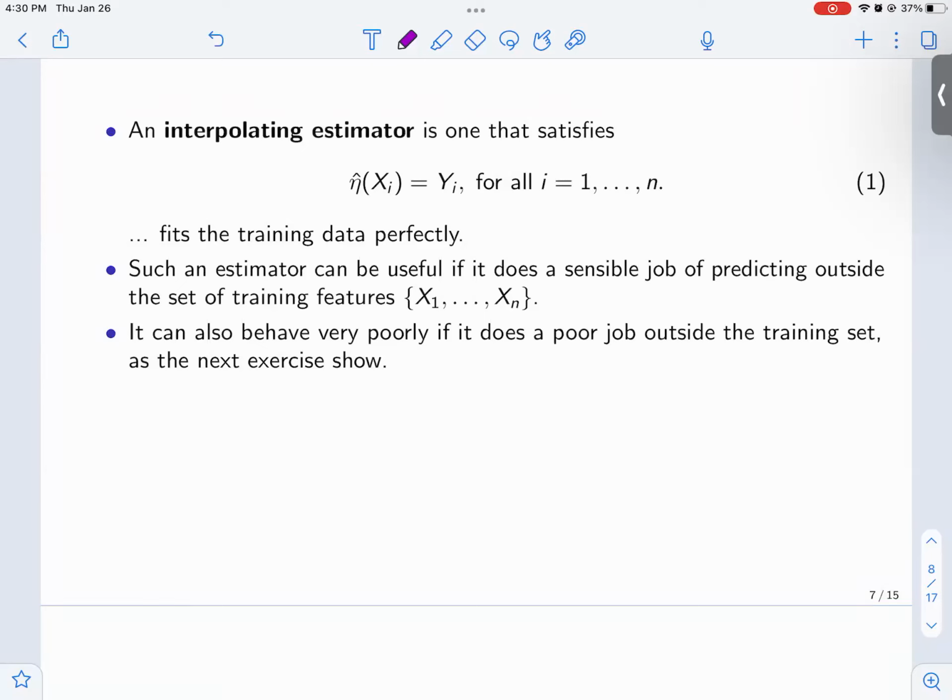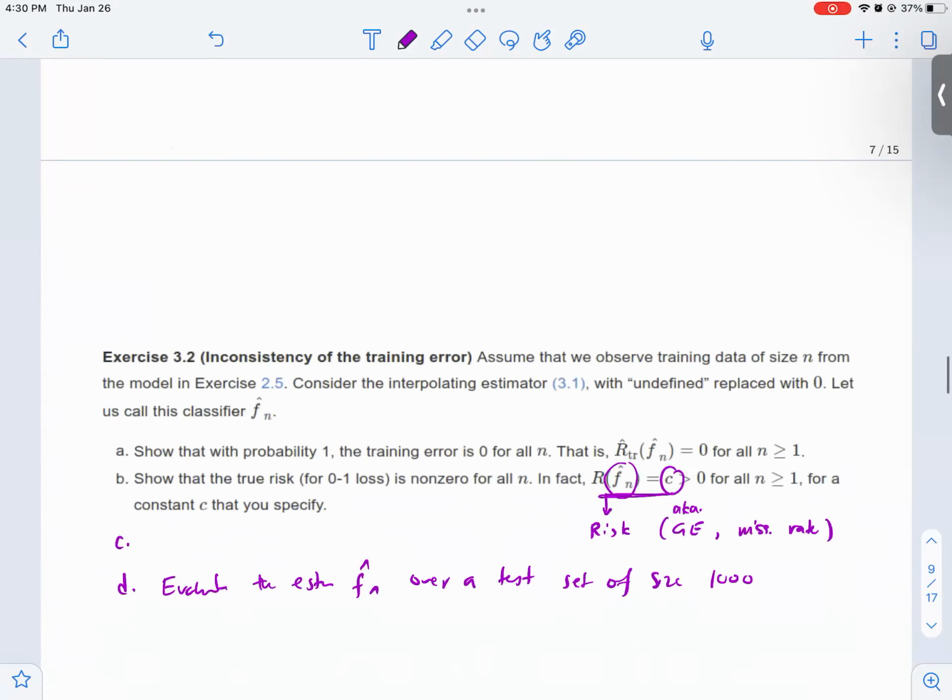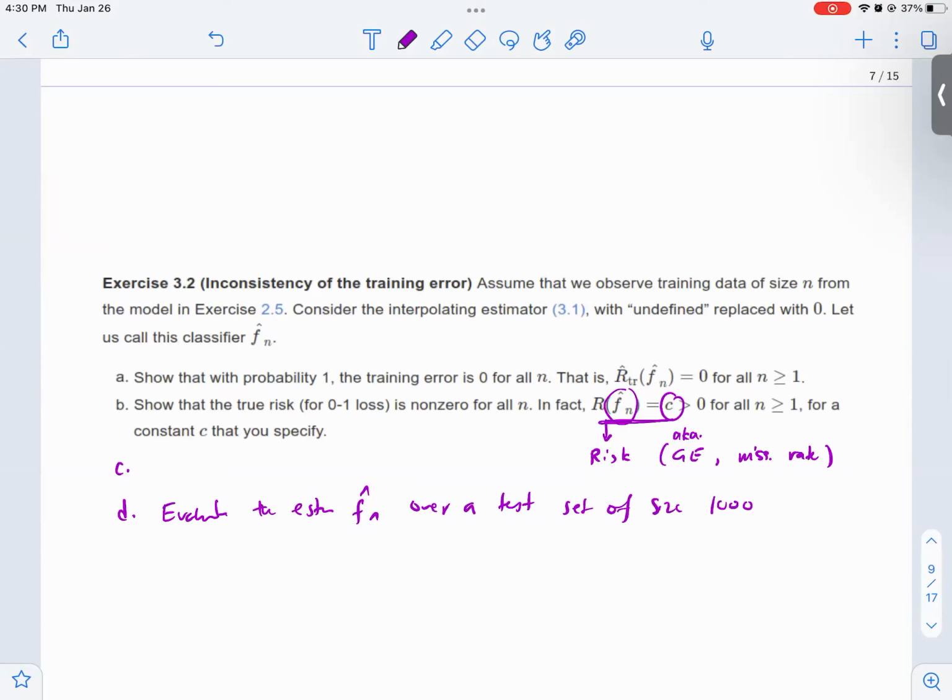This is one of the things that people are really interested in understanding: how could you have something that interpolates the training data, but also does well outside? There are simple ways of showing examples of estimators that interpolate but also do well outside, so that your actual risk also goes down as n goes to infinity. Okay, good. People understand? But we have to do something else.